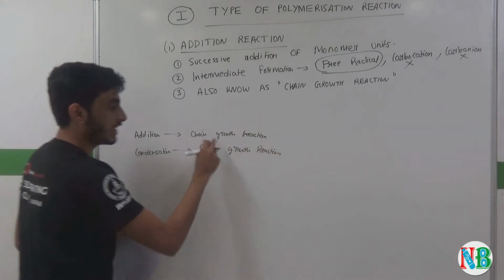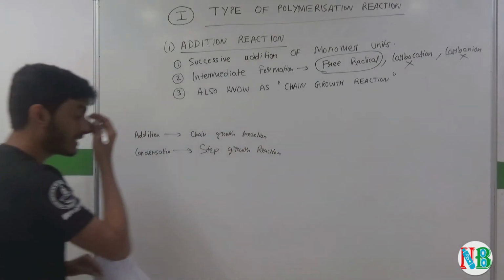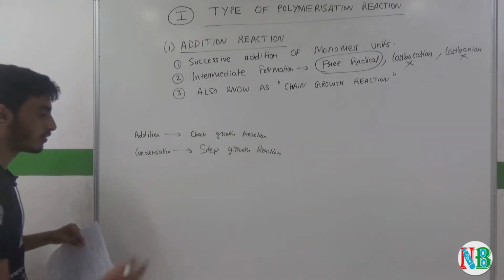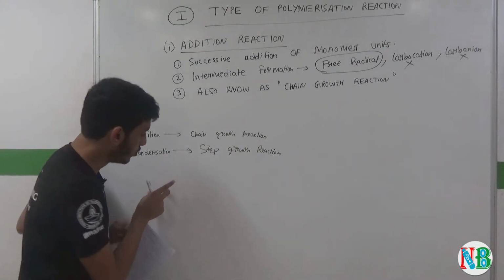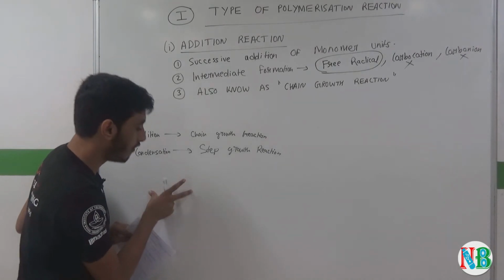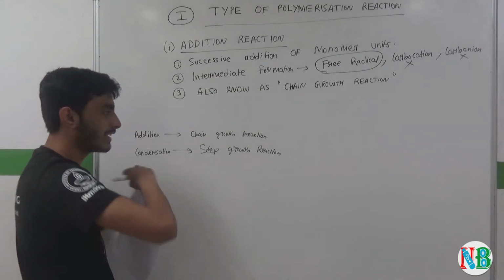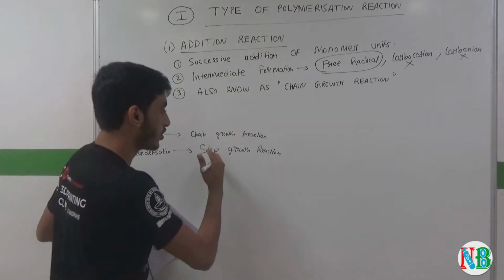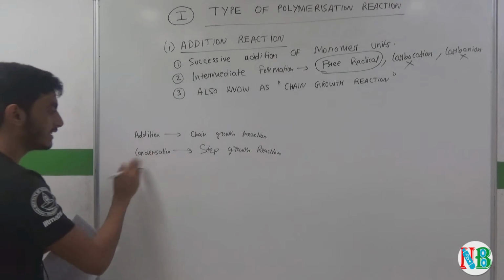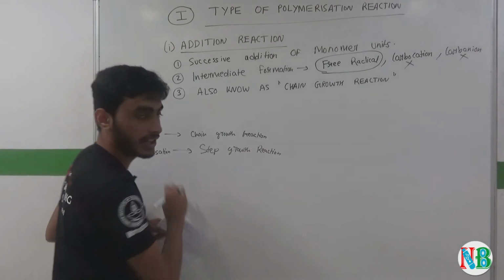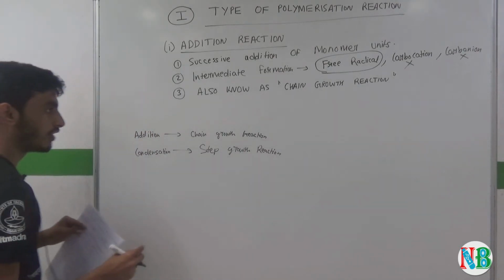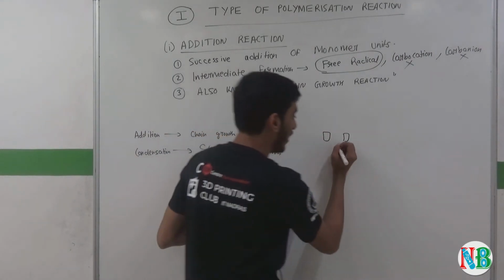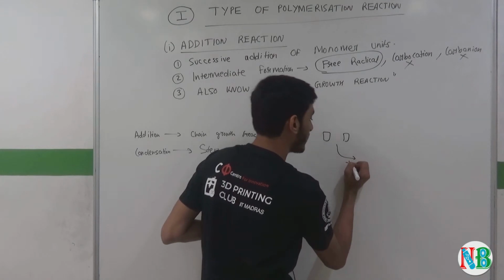It's called chain growth as the small blocks add one after the other: from 1 it forms 2, then 3, then 4, then 5, then 6, then 100. Whereas in the other case, first two of them add to each other and you eliminate one H2O.